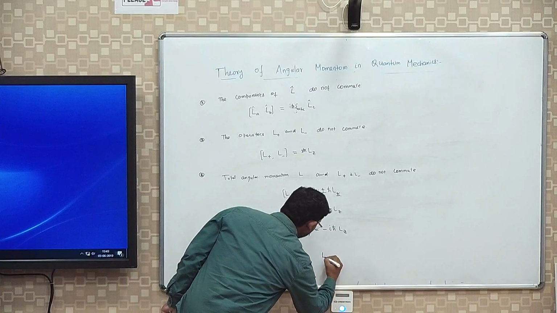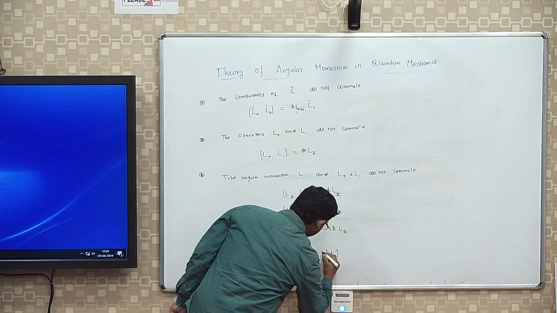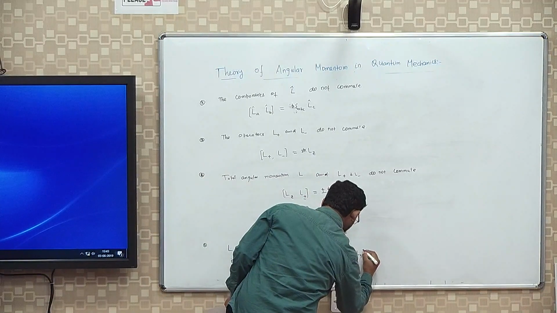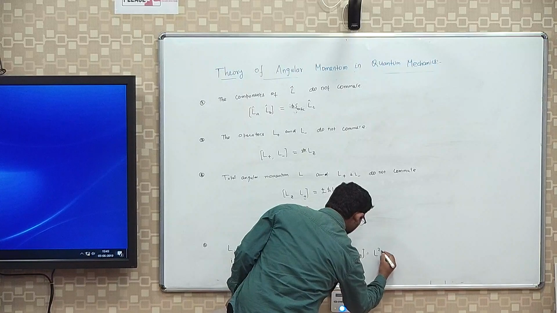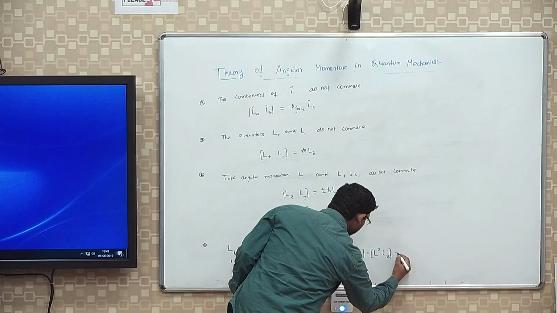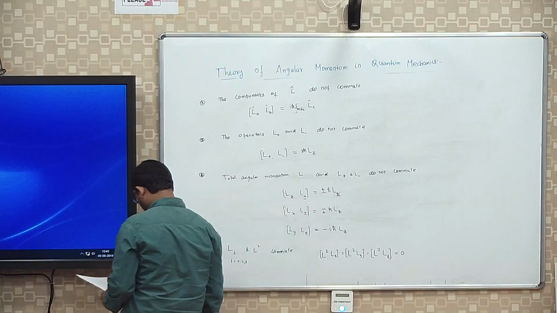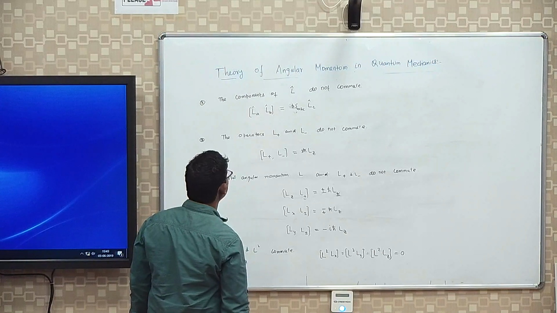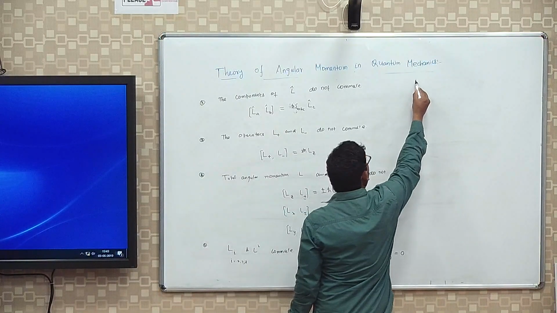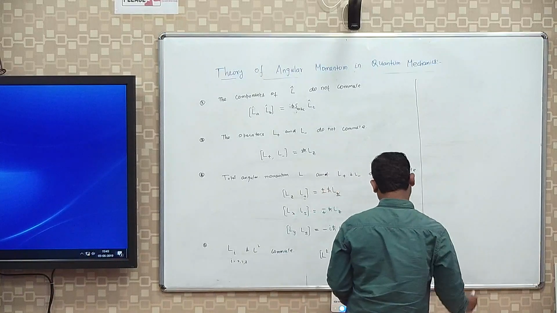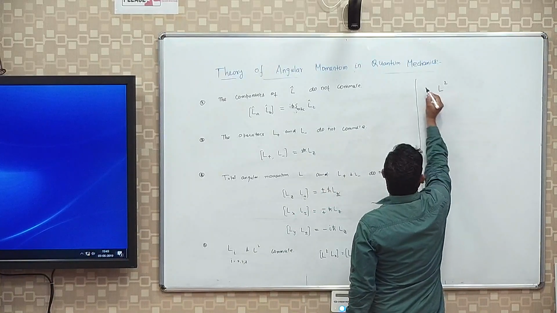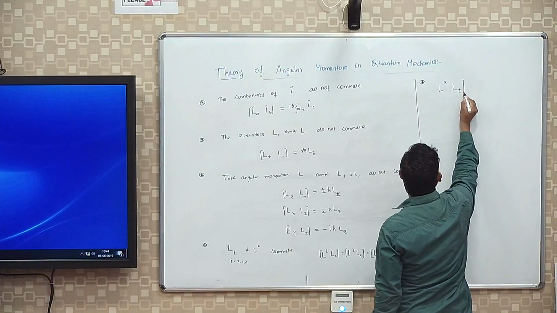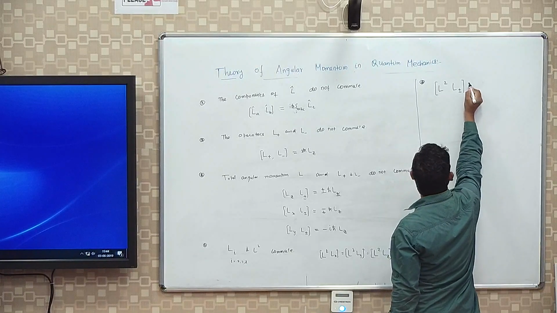That means L squared with Lx equals L squared with Ly equals L squared with Lz equals 0. And the total angular momentum L squared, if it commutes with the raising and lowering operator, will be 0.